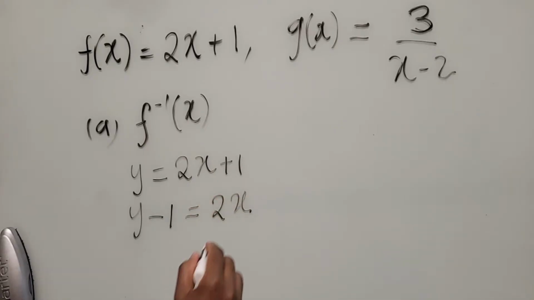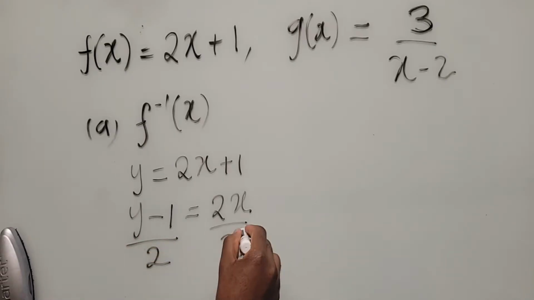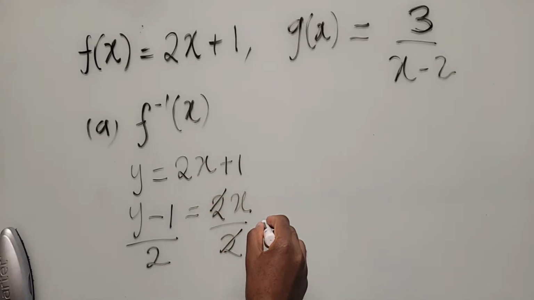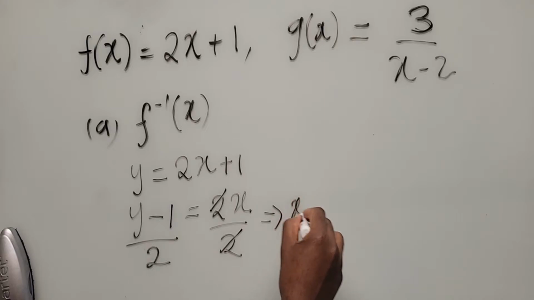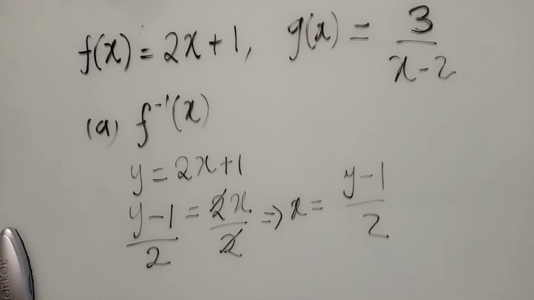Then the next thing, I can just divide throughout by 2. Everywhere divided by 2, then x and x, 2 and 2 cancel. So this implies x is equal to y minus 1 over 2. Okay, so that is the inverse, right?